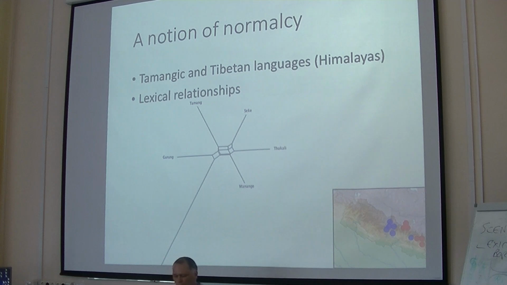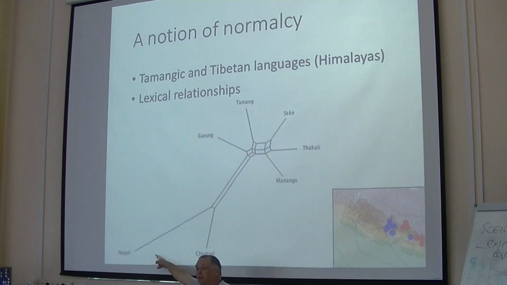I apologize for using too much slide space. Chantel is quite distinct from the others. We can't explain, from the perspective of the Tamanic languages, why Chantel is so lexically aberrant. But then if we throw Nepali in as well, what conclusions can we draw from this data?